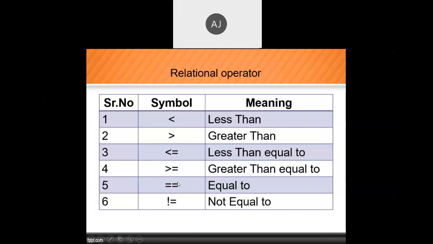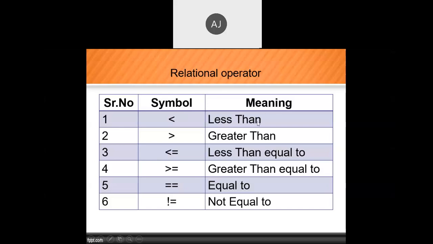It will check the first operand with the second operand. If you check less than, that means the first number is lesser than the second number. If it is true, then we will get the Boolean value true. If it is false, that means the first value is greater than the second value, then we will get false in that case.